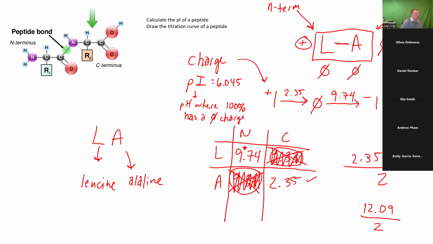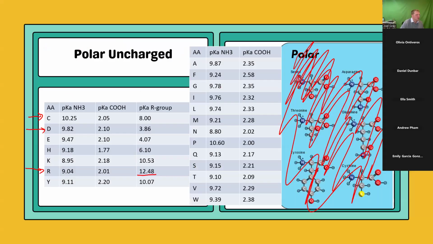If you look back at this example, this was a dipeptide consisting of leucine and alanine. Leucine is a non-polar amino acid. And I'm going to go back a couple of slides to show you this. For leucine, I have 9.74 and 2.33 for that specific amino acid.